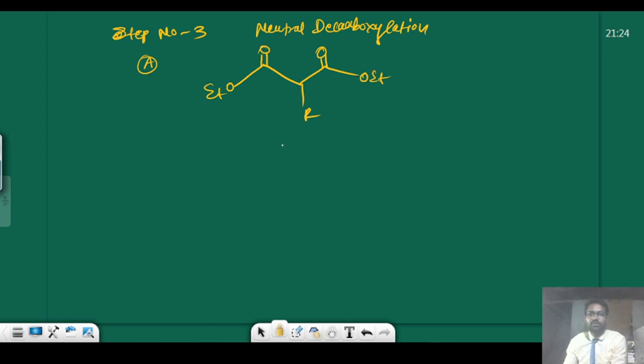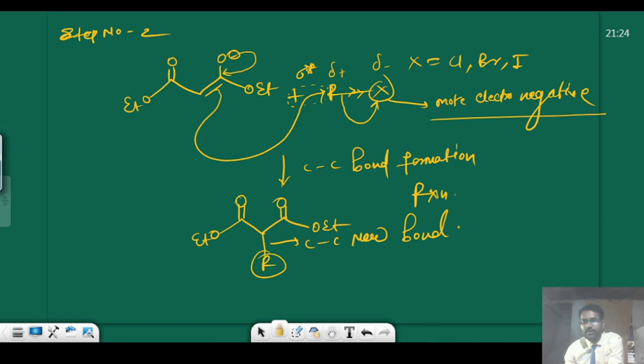In the neutral decarboxylation reaction, what is the reagent? Lithium chloride, Li plus Cl minus. When we use lithium chloride, neutral decarboxylation takes place.